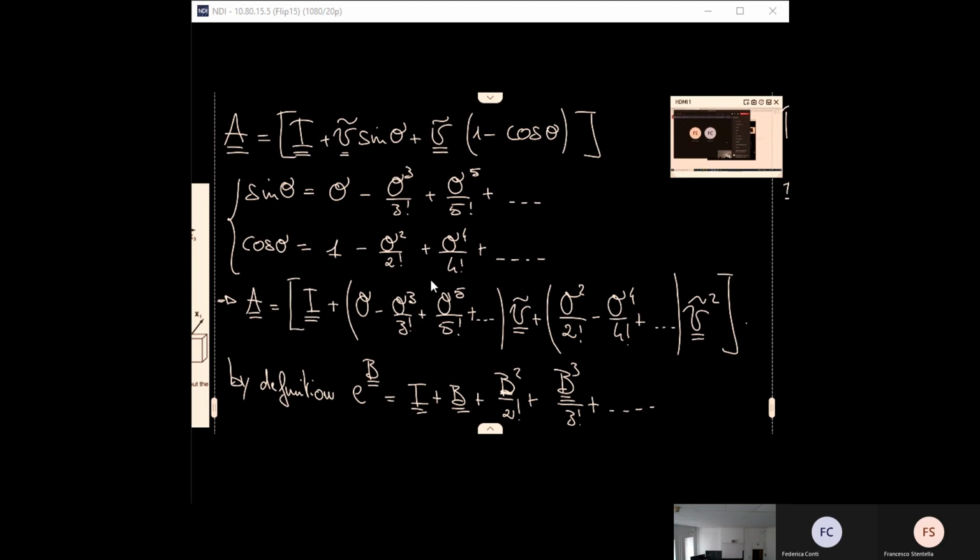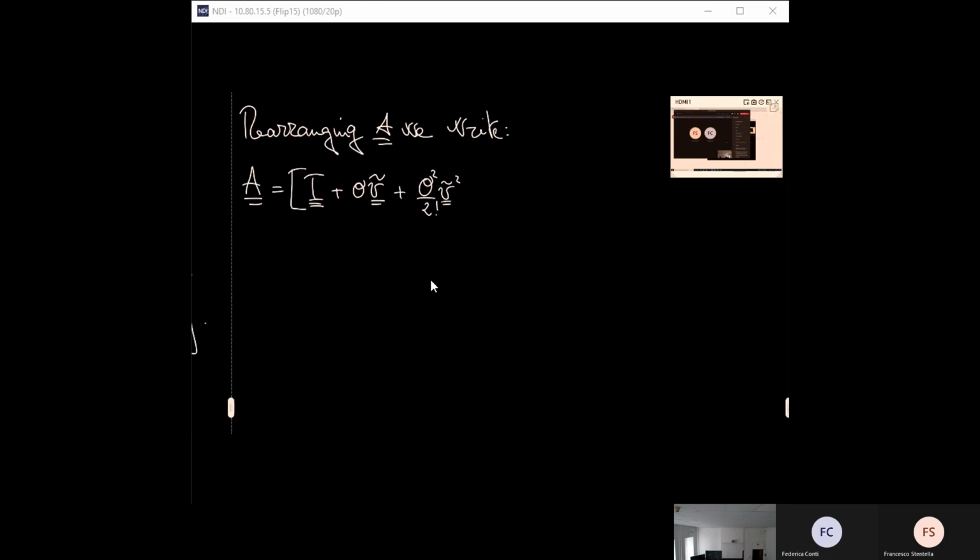You see, I'm just putting this and then this and then this, right? Plus theta to the third divided by 3 factorial times V tilde to the third, and so on. Eventually, we get theta to the n over n factorial times V tilde to the n.